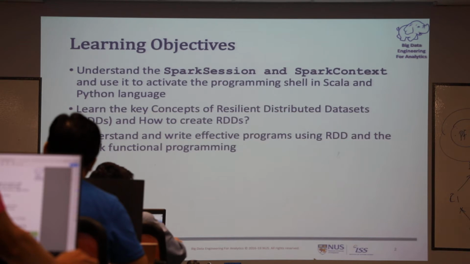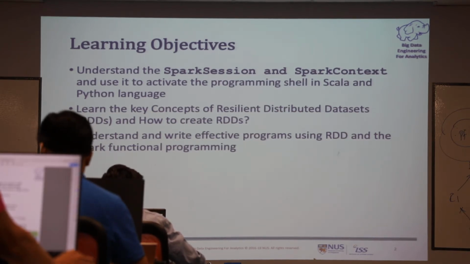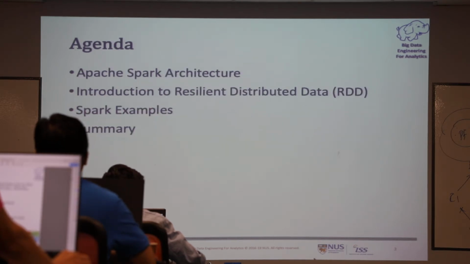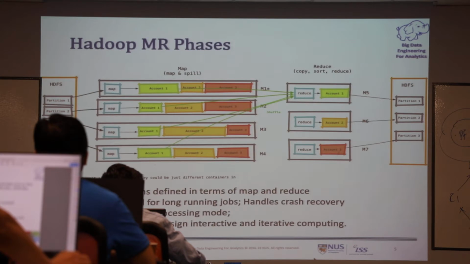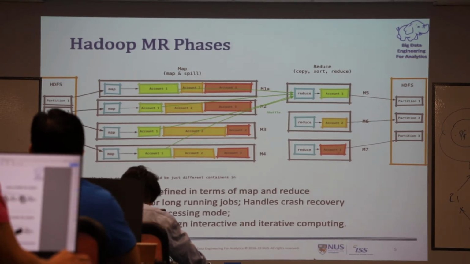You'll see what RDD is in a short while. Okay? We'll look at what RDD is and then write effective programs. Most of the time for the rest of the day will be spent on demos. We'll look live at how you write Spark programs, and then we'll come back to the slides, see if you have missed out anything, and cover it up.